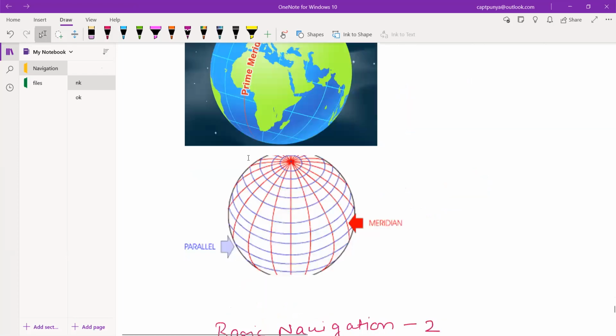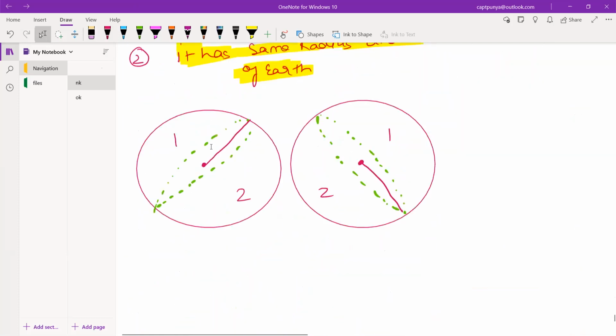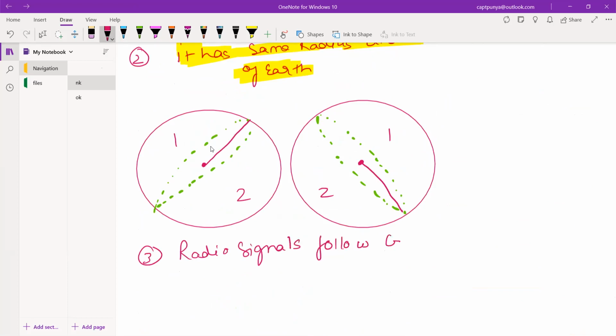Now guys, let us go back and see what are the more properties of your great circle. One of the most important properties is that your radio signals follow your great circle path.